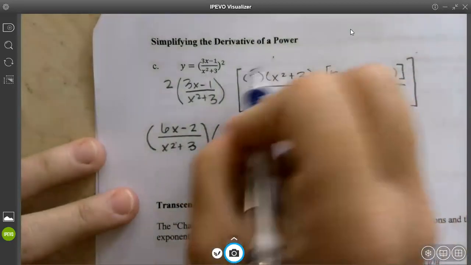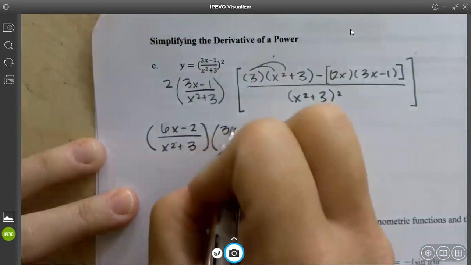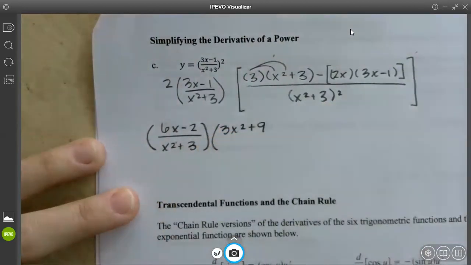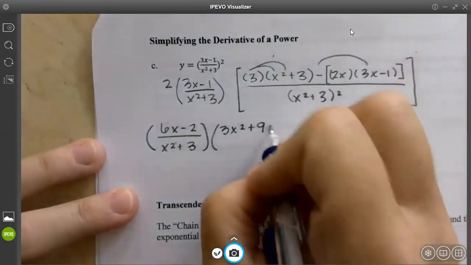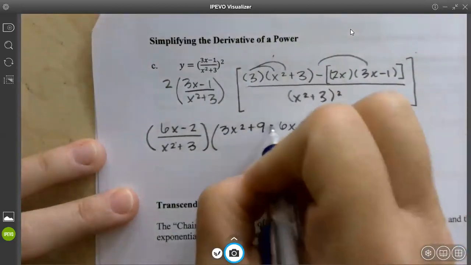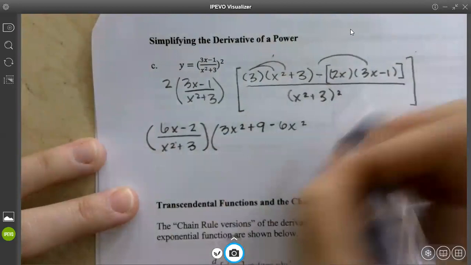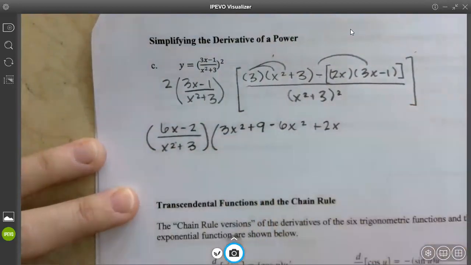Distribute your 3 in the top. You get 3x squared plus 9. Distribute your negative 2x. Negative 2x times 3 is negative 6x squared. Negative 2x times negative 1 is a positive 2x.